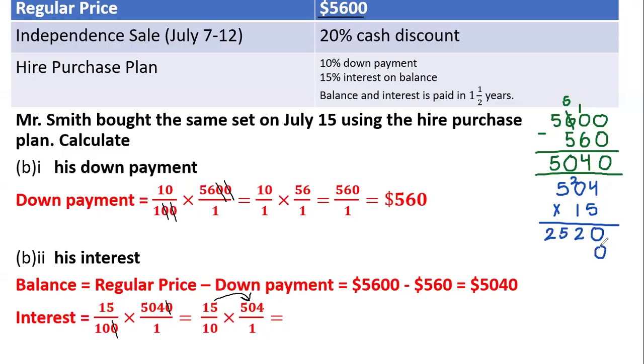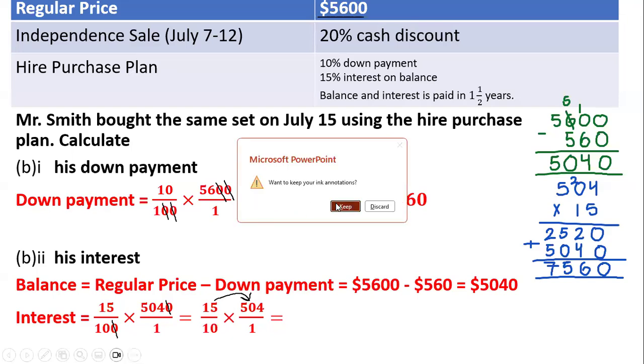We put the 0 down. 1 times 4 is 4. 1 times 0 is 0. 1 times 5 is 5. Plus, 0 plus 0 is 0. 4 plus 2 is 6. 5 plus 0 is 5. And 5 plus 2 is 7. So I got 7,560.